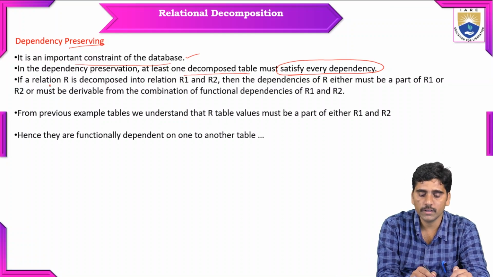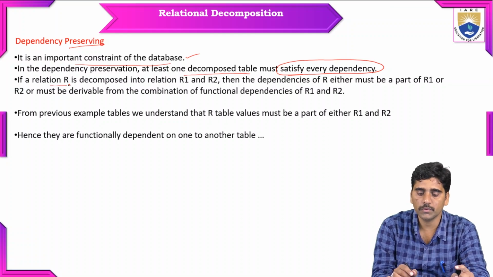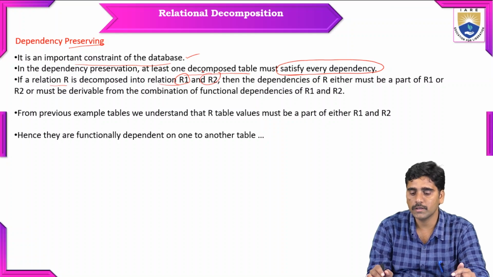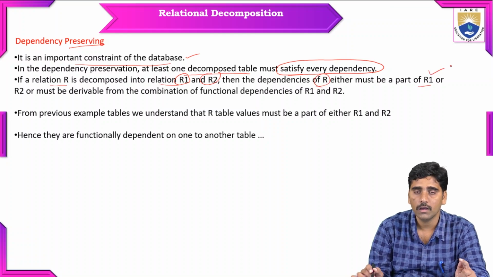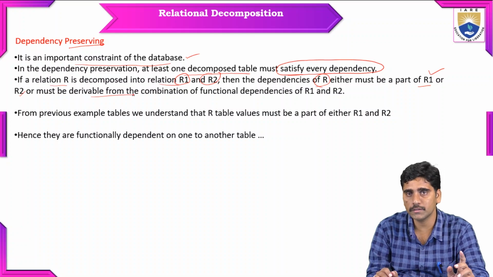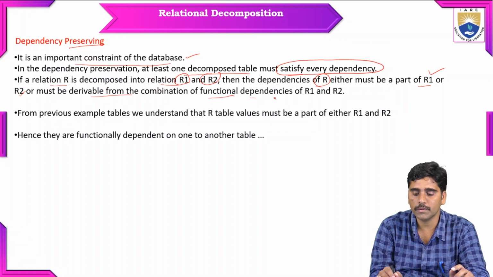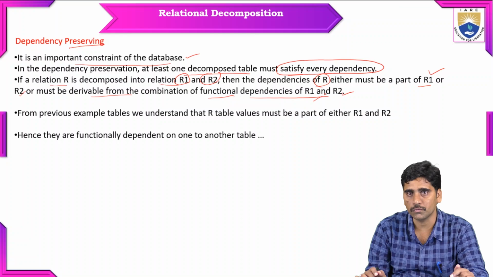If a relation R is decomposed into relations R1 and R2, then the dependencies of R either must be a part of R1, or must be a part of R2, or must be derivable from the combination of functional dependencies of R1 and R2.